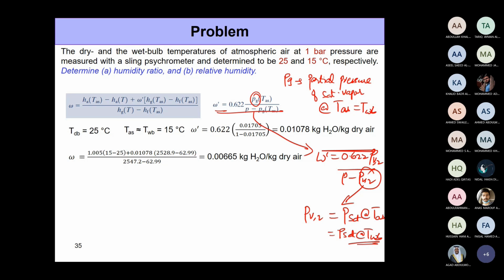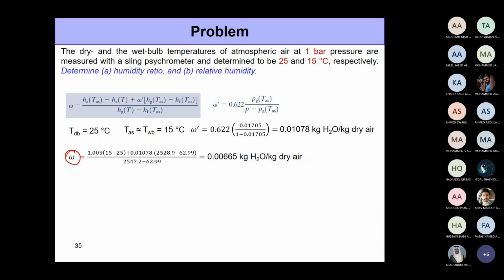It corresponds to the saturation pressure at the adiabatic saturation temperature. We write it PG because it comes from this HG, HF thing, and we want to refer to the pressure of the saturated vapor. But we know that saturated vapor and saturated liquid are both exactly at the same pressure within the dome. So that's essentially what it is. It's equal to the saturation pressure at the temperature that we're looking at. Okay, thank you.